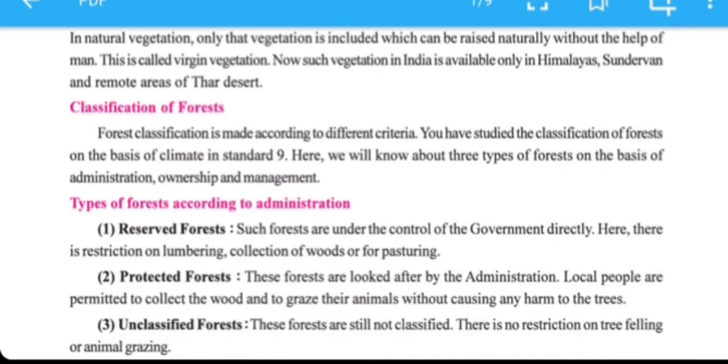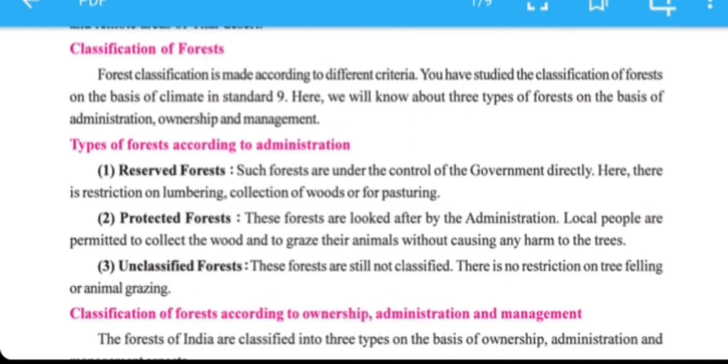Next important question, what are the types of forest according to administration? According to administration, there are three types of forest. One is the reserved forest. It is under the direct control of government.